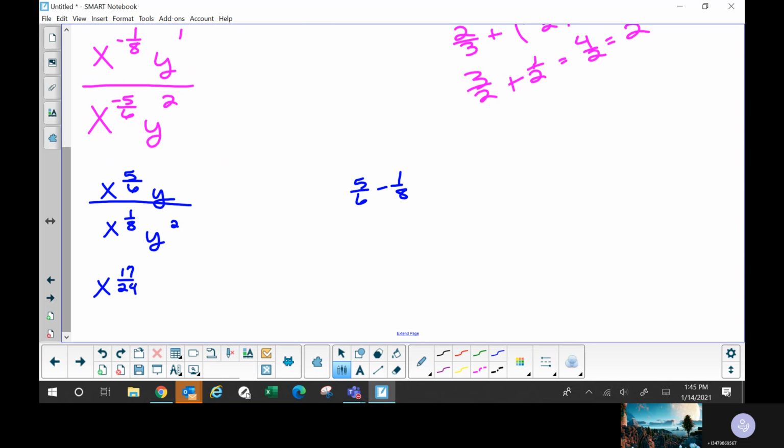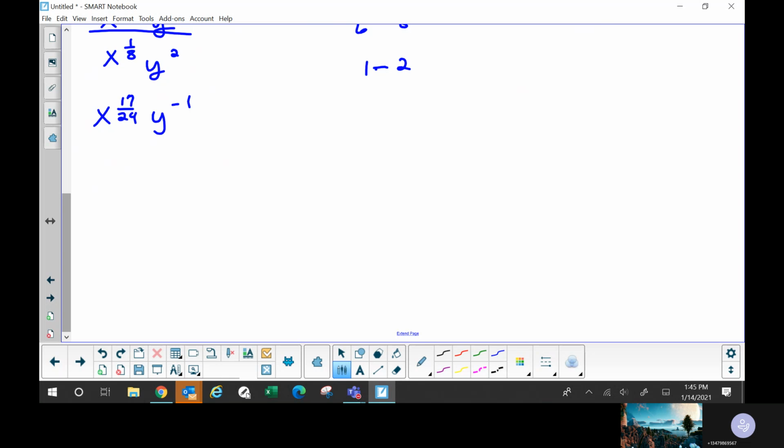And then for the y, you have y to the first over y squared. You're just going to do 1 minus 2. And that gives you -1, right? So that's y to the -1 power. So now you have to move that y to the bottom of the fraction. So we have x to the 17 over 24 over y.